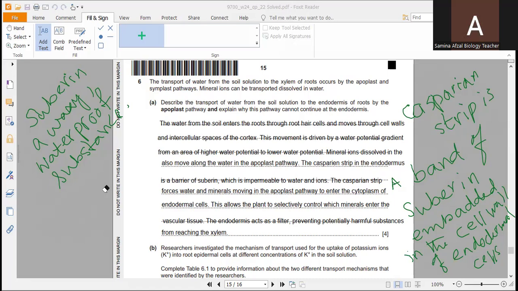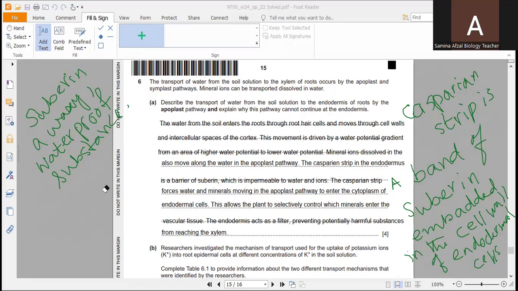Mineral ions also move by dissolving into this water, by the same pathway, that is the apoplast pathway. The Casparian strips present in the endodermis act as a barrier which is impermeable to water and ions.